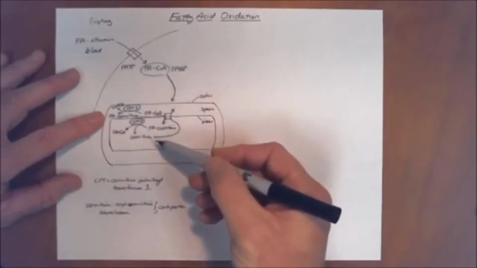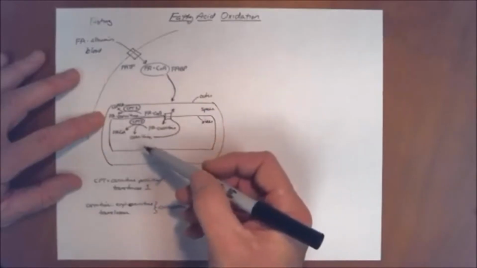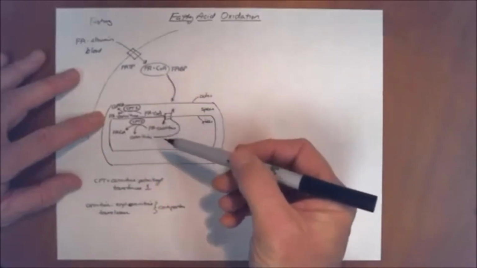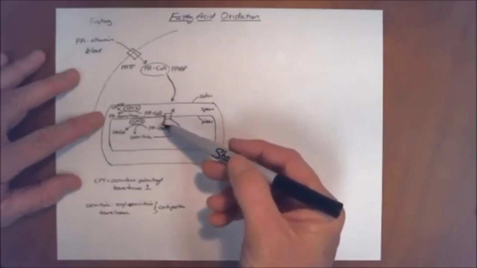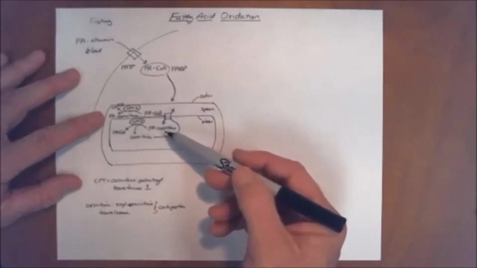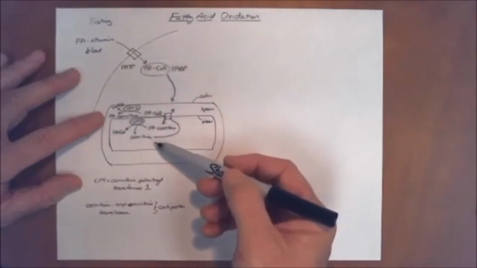Now, why is this process so important? Because fatty acyl-CoA cannot build up in the cytoplasm. If it does, especially in skeletal muscle, we'll have fatty muscle, and this will cause problems with insulin sensitization.